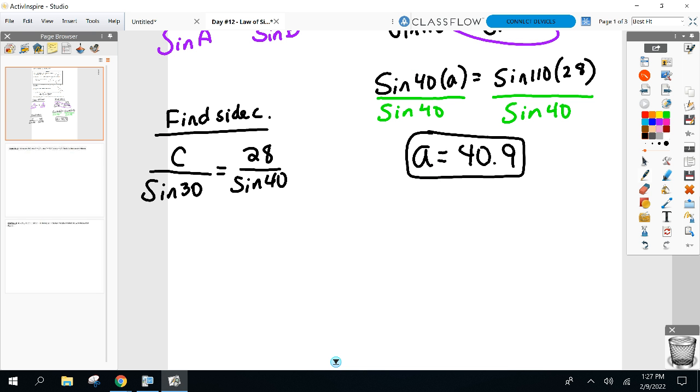Cross multiply. Sine of 40 times C equals 28 times sine 30. And then divide both sides by sine 40.